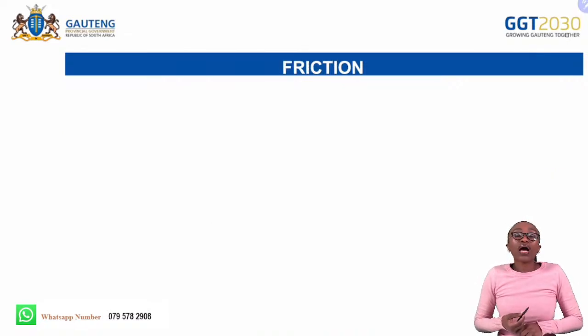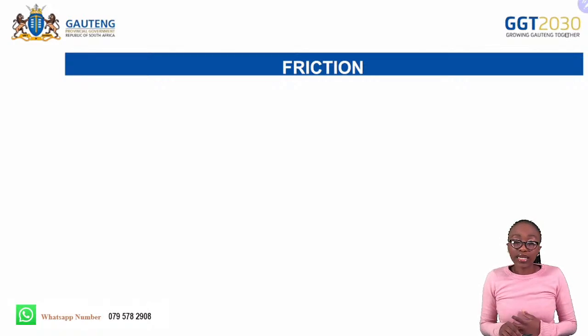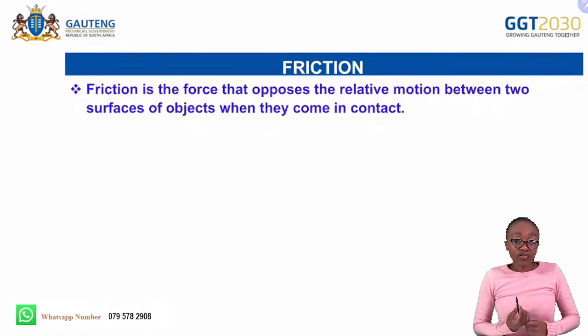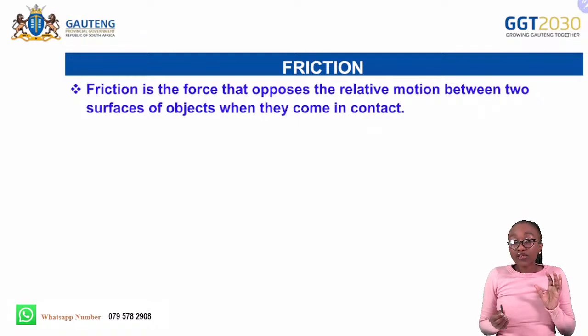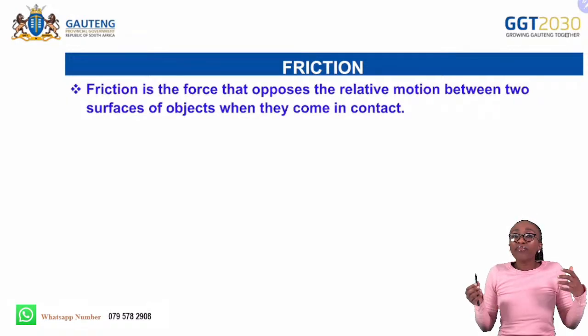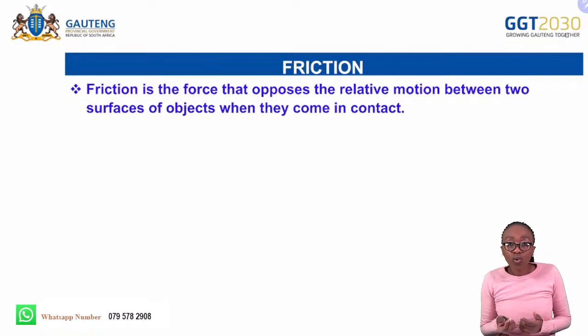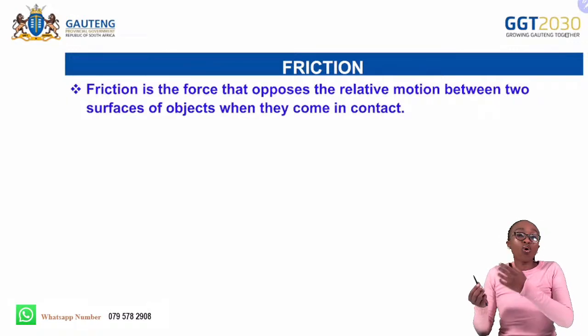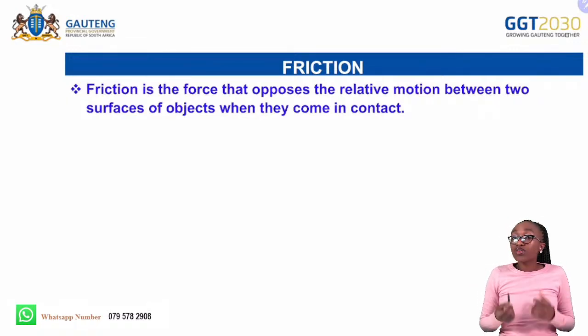Now let's talk about friction. We have defined friction in our terminology slide. But let's talk deeper about friction. Friction, it is the force that opposes the relative motion between two surfaces of objects when they come into contact. Imagine yourself stepping on the floor and you're walking towards the door or you're walking towards your classroom board right now.